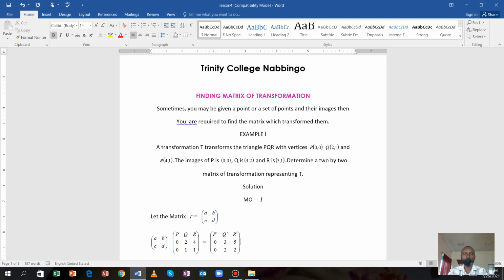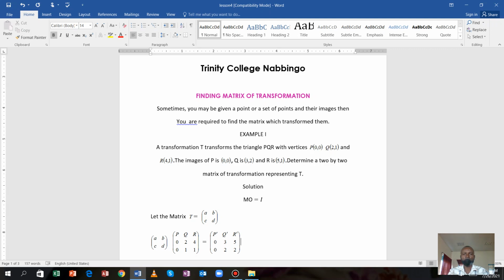For P it is now (0,0), for Q it is (3,2), and for R it is (5,1). Those are image points, please. I would have put there P prime, Q prime, R prime, but it's already indicated that those are the images of P, Q and R.